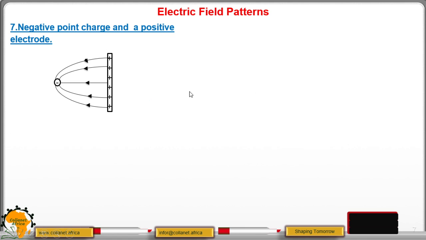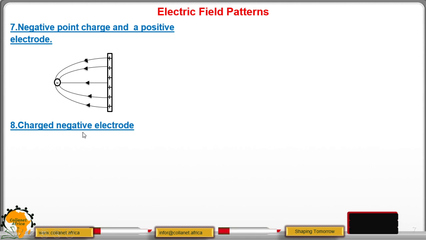After that, we have a negative point charge and a positive electrode. Again, there is attraction, but note the direction of arrows. They must be coming from the positively charged body. In our case here, the plate is the one that is positively charged, and the arrows are towards the negative.